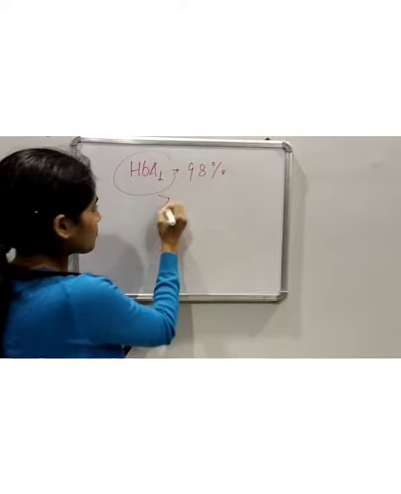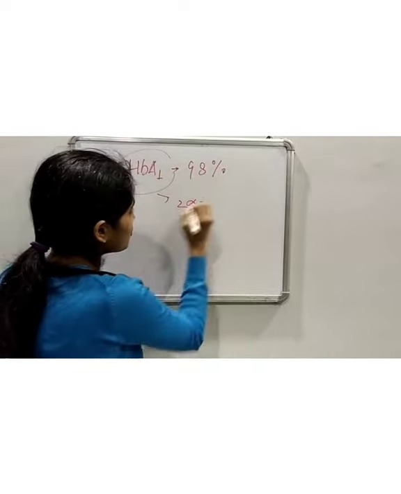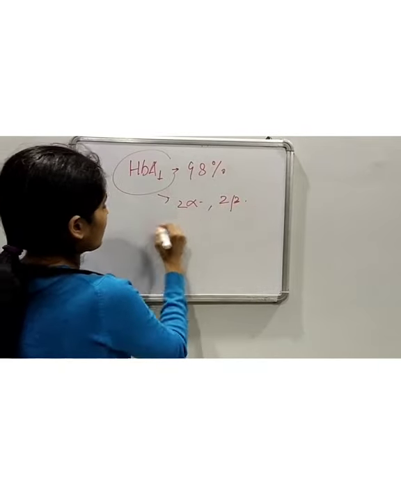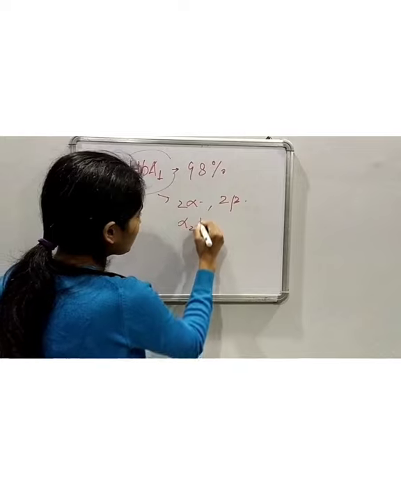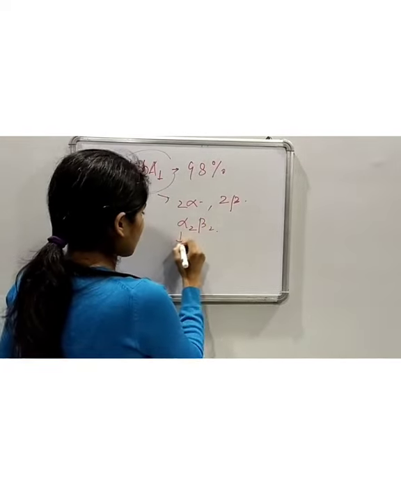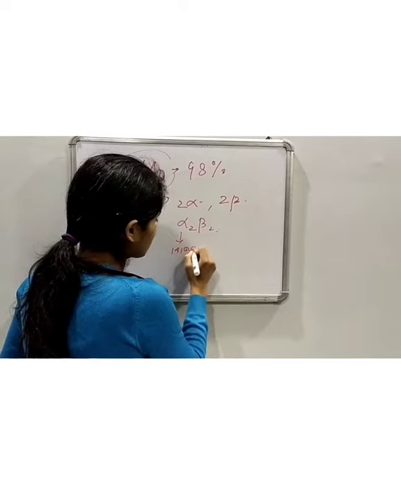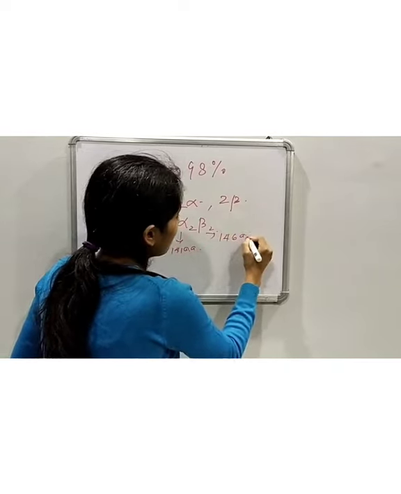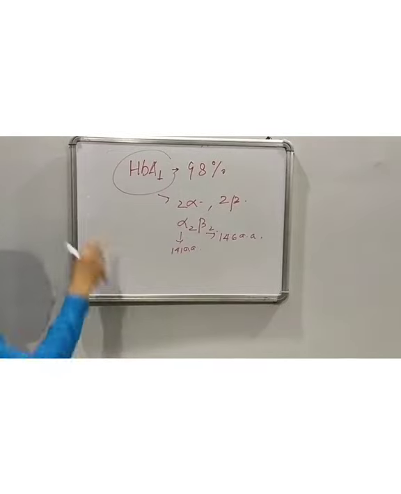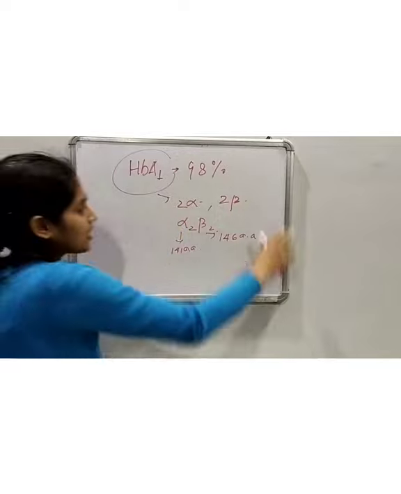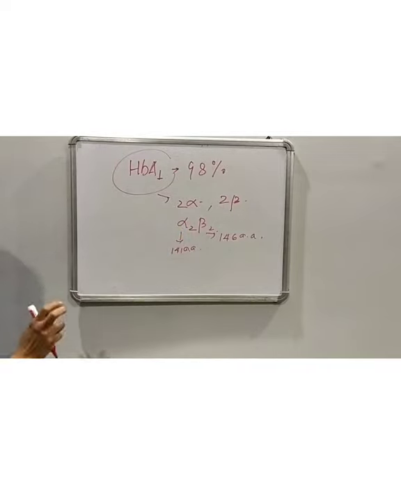And what is it composed of? It is composed of 2 alpha chains and 2 beta chains, so we can also write it as alpha 2 beta 2. The alpha chain is composed of 141 amino acids, and the beta chain is composed of 146 amino acid residues. This is the major component of adult hemoglobin.